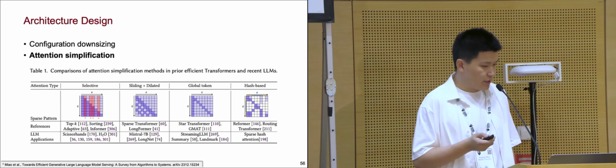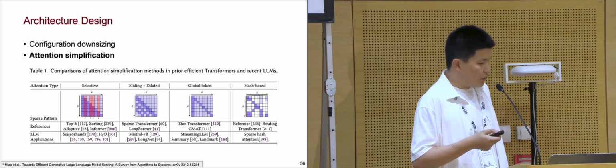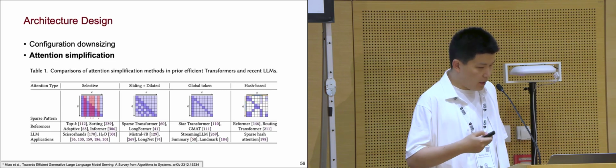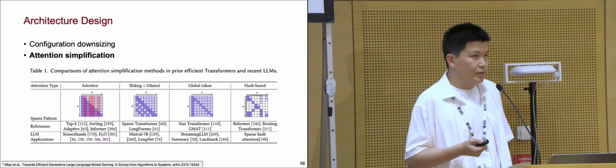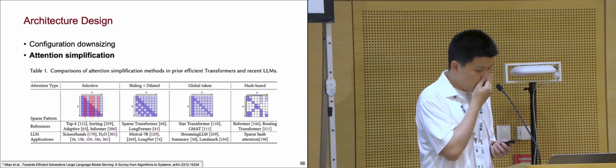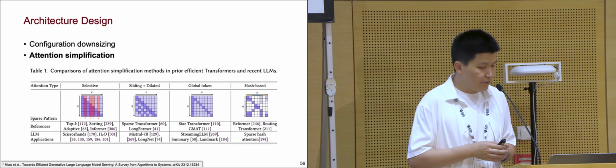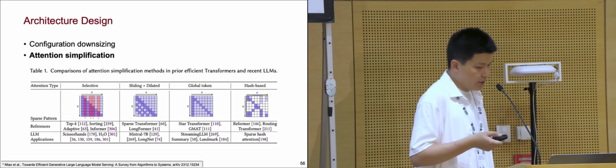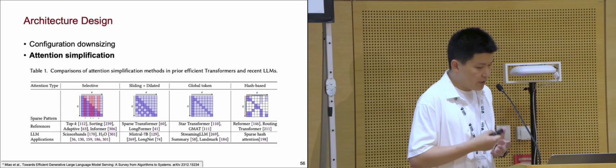Another important direction is called attention simplification. This is because we know that the self-attention calculation has n-square computational complexity with respect to the input sequence length. Actually, even before 2022, numerous transformer variants had been proposed to simplify the standard attention calculation as more efficient alternative solutions, such as sparsification, kernelization, and factorization.